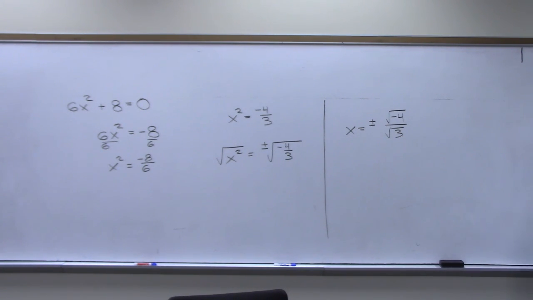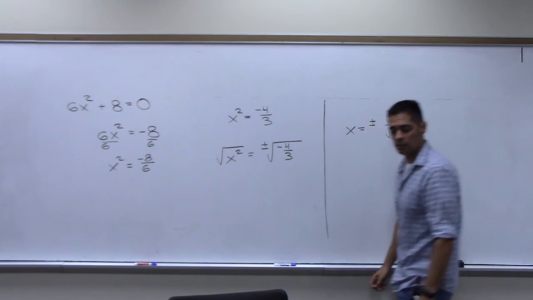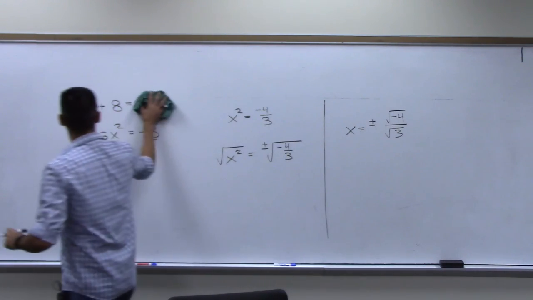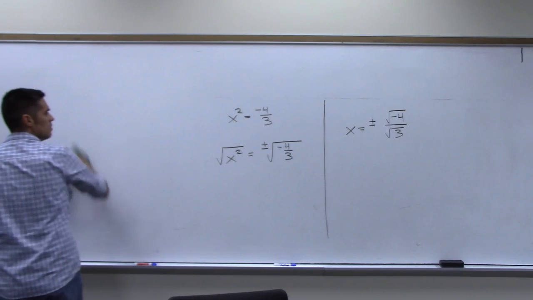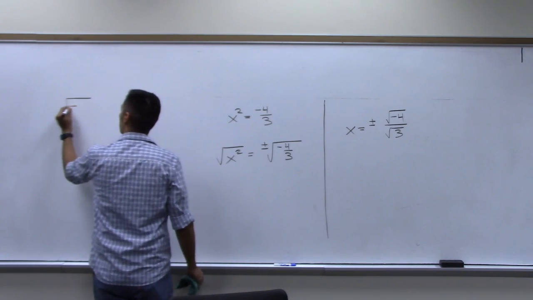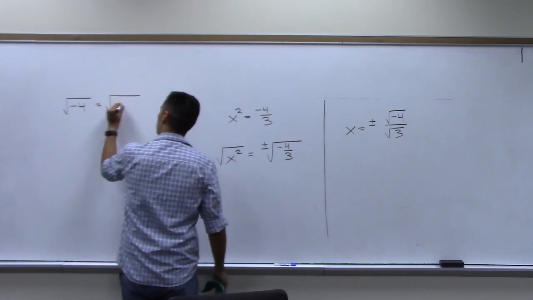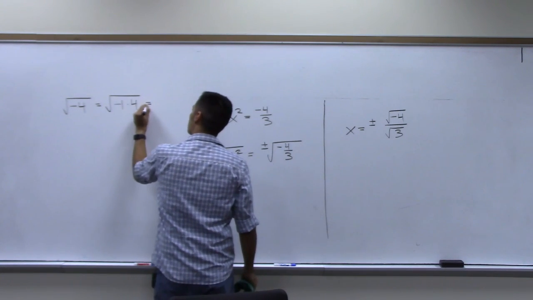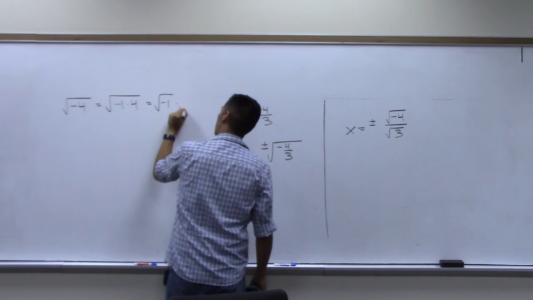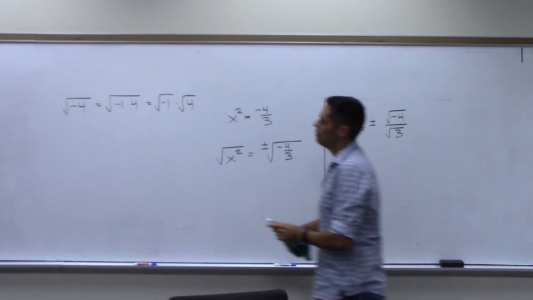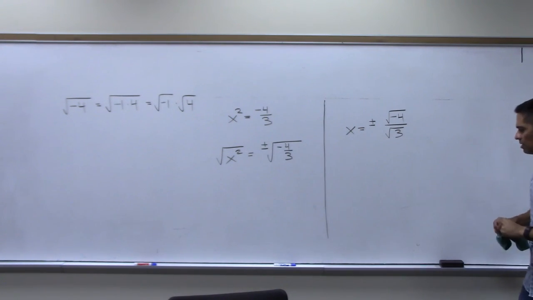Yes, as long as I'm allowed to bring in the i. Am I allowed to bring in i? Of course. So let me just look at that real quick over here. If I just had square root of negative 4, you'd break that down to be square root of negative 1 times 4, which is going to be square root of negative 1 times square root of 4. That's what that is. This will be 2i. So the top is 2i.